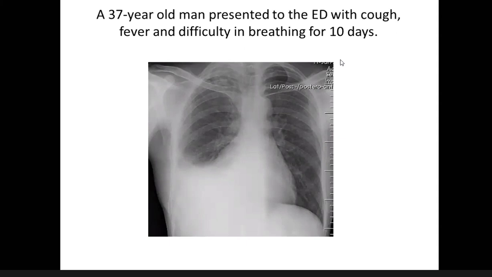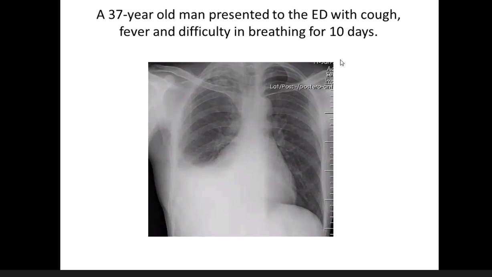Yes, air bronchogram, very good. In between the homogeneous opacification, you will see air-filled bronchograms. That is a classical feature of consolidation.